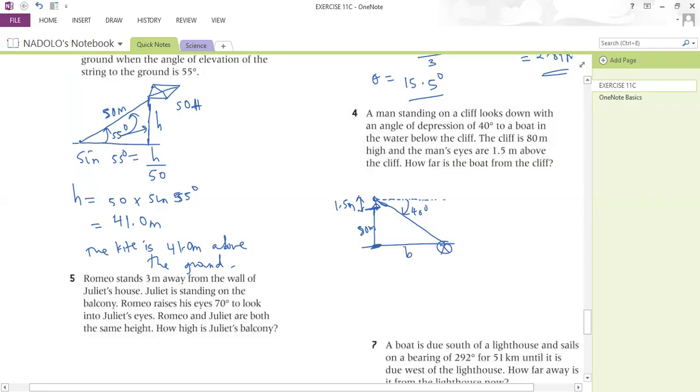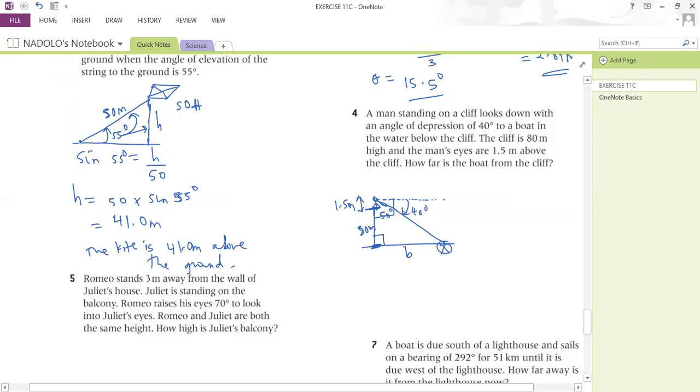So if we check this, from the man's eye, if it is horizontal, it will meet this height from the cliff at 90 degrees. So because we have already covered 40, we will also cover 50 on this inner part. Alternatively, remember the cliff and the ground meet at 90 degrees.